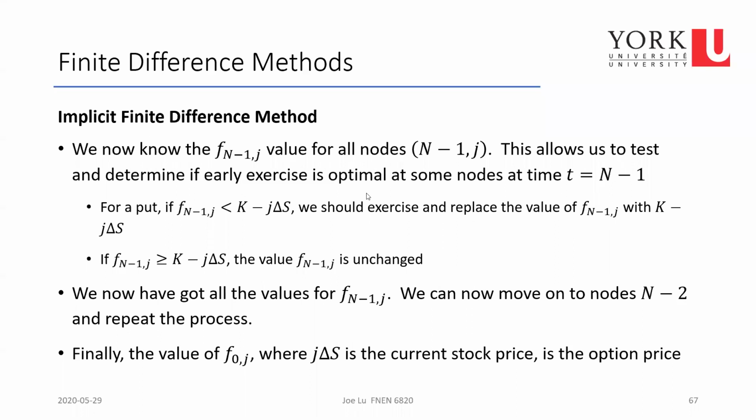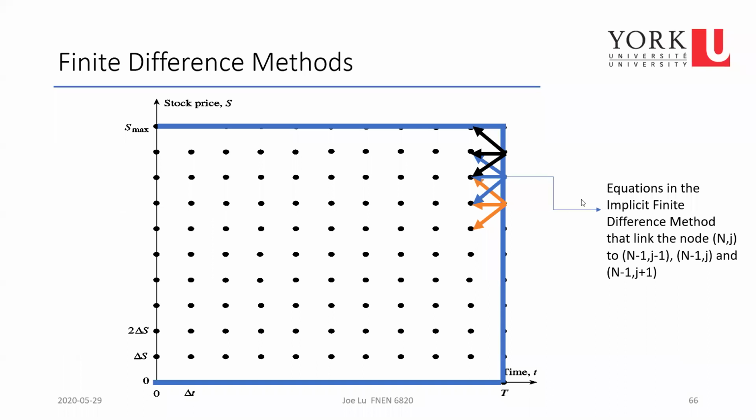Now, if we have an American put instead of a European put, what we can do here is that we will also know the immediate exercise value. So here we can calculate on the final boundary condition the value of those points, which is basically the expected value.